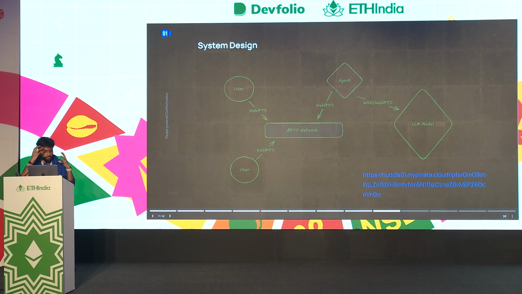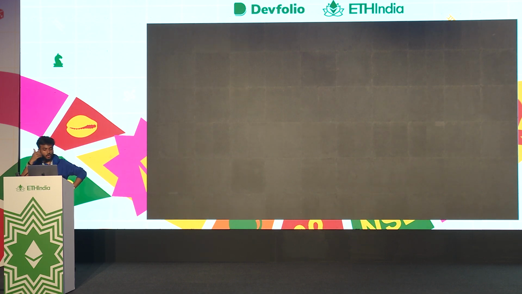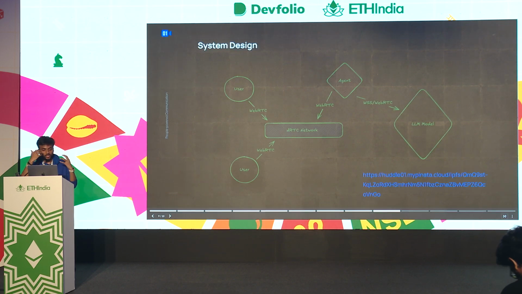So in a very high level system design, this is how the agents will work and how these agents will utilize the DRTC network. DRTC network is a real estate, as I said, which enables real-time communication. Any user can communicate with another user using the DRTC network, and in that session, an agent can be a part of the same conversation. It can listen, it can do tasks, and any client can call an agent API.